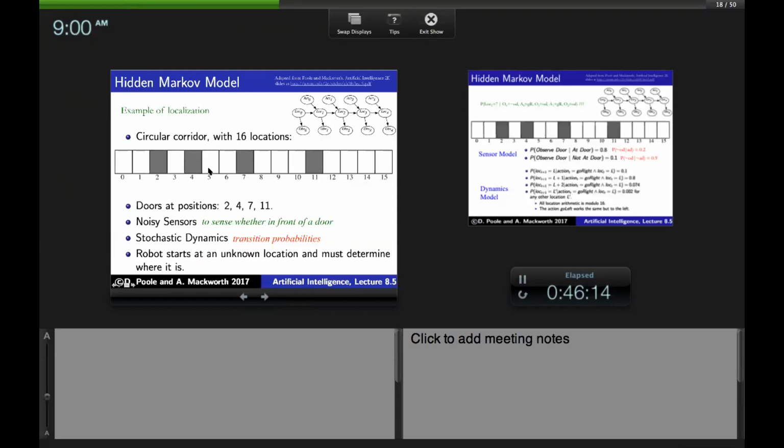So we might put the robot in location 5 initially, and the robot can execute some actions. The robot is going to look at its sensors. So I put them in location 5 with some probability. They look at the observation that corresponds to that location.